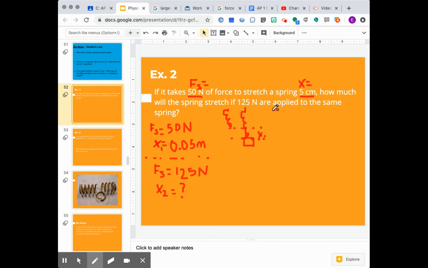So I'm going to add that to our diagram here. We know that the spring is going to stretch more when we have a larger mass, aka a larger force, added to that spring. We need to figure out this stretch distance from here to here, which would be x2.